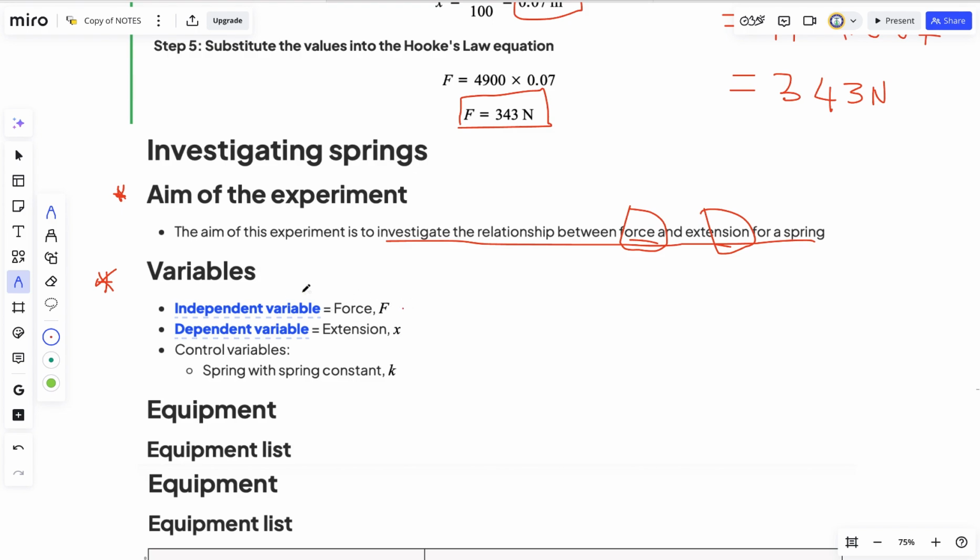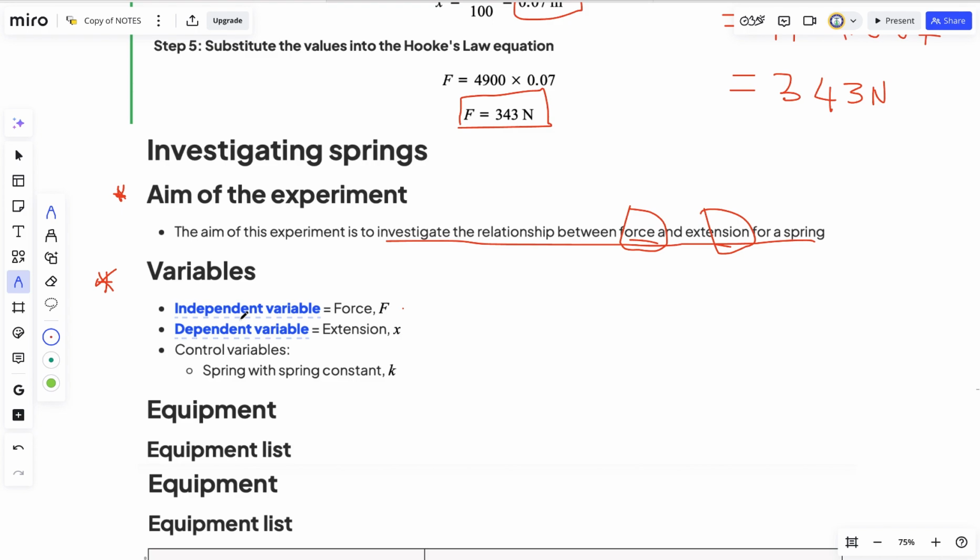So you have to state the dependent and the independent. The independent is the variable that is not being affected. It's on its own. It's not depending on other variables. The independent variable is not depending on other variables, but you are the one changing it. For example, in this experiment, we are changing the weight or the mass.